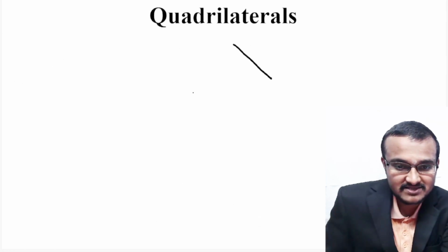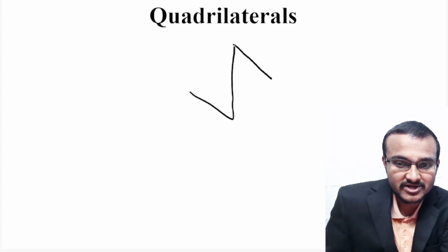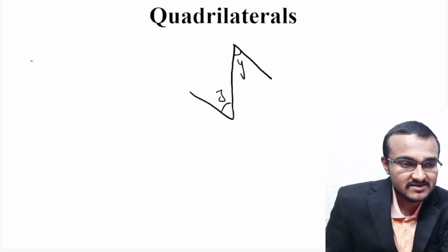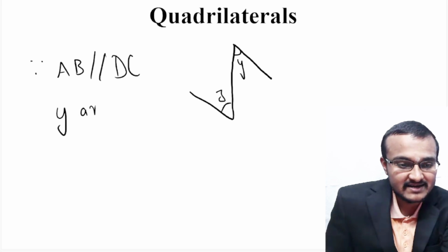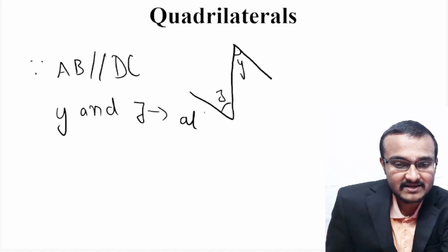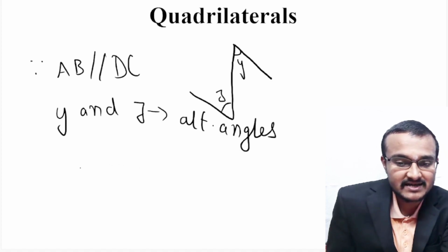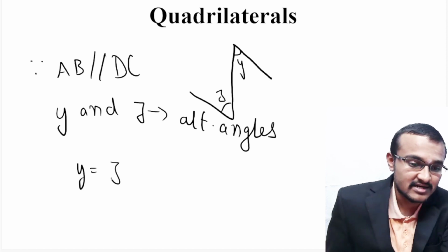AB is like this, DC is like this, and this particular line joins them, so these angles act as alternate angles. Since AB is parallel to DC, Y and Z act as alternate angles, so Y and Z should be equal.